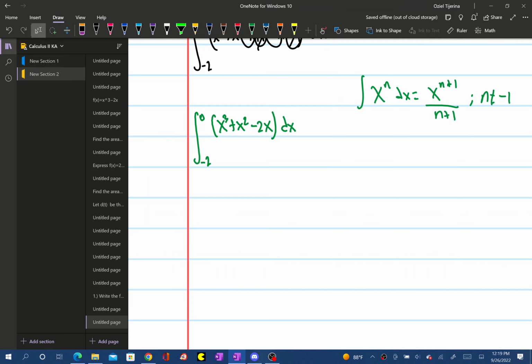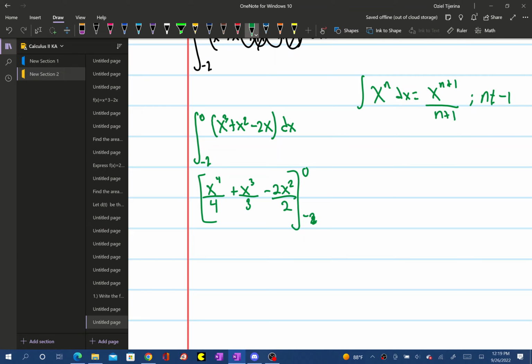So we have x to the 4th over 3 plus 1, which is 4, plus x cubed over 3 minus 2x squared over 2, and this is going to be from negative 2 to 0. You have to be careful. I made a mistake the first time around. Negative 2 is going to be your A term, and 0 is going to be your B term.